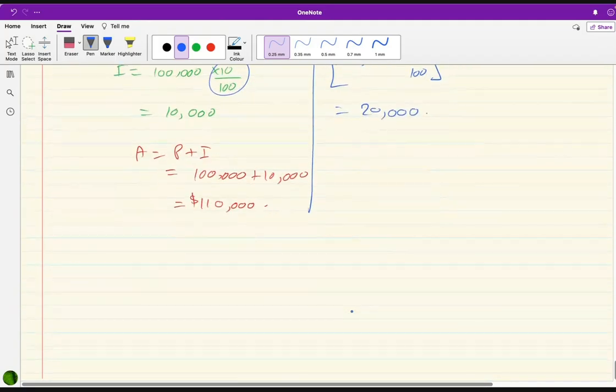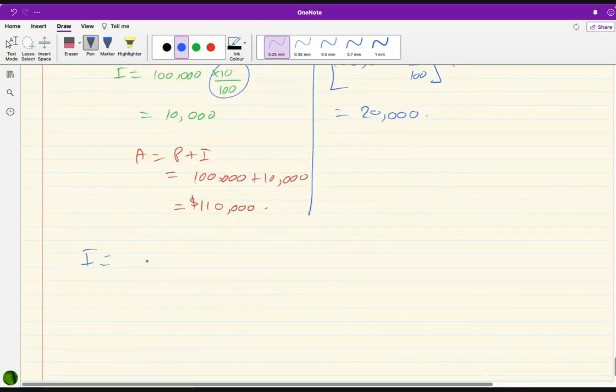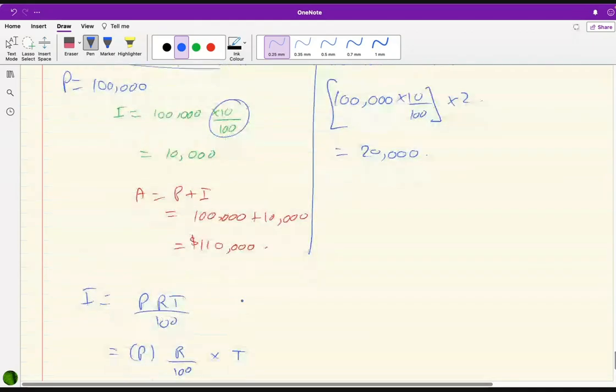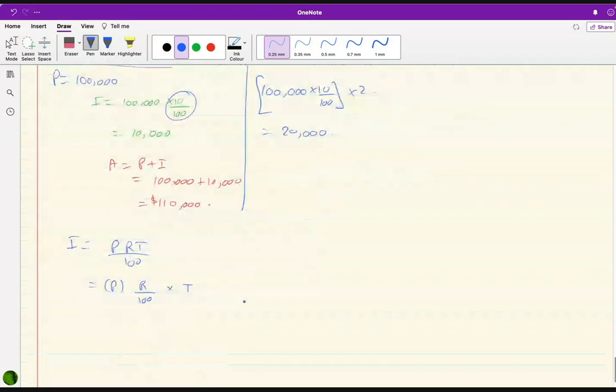So it simplifies our formula to interest is equal to principal amount PRT over 100, where P is the principal amount, which was 100,000, R is the rate, which is the percentage, and T is time.